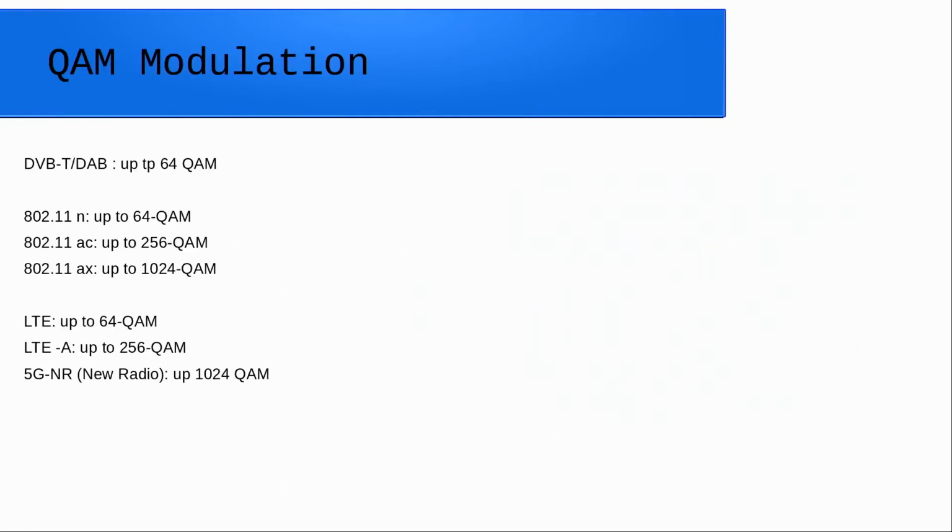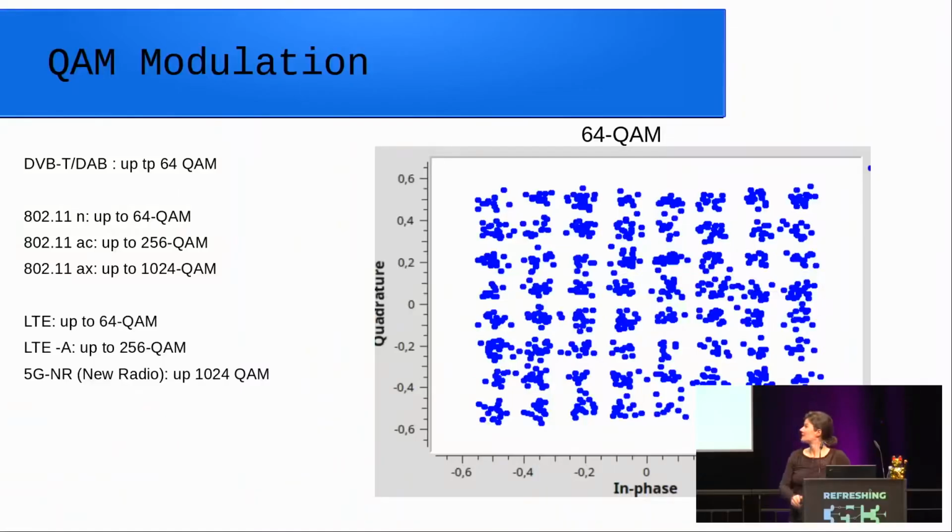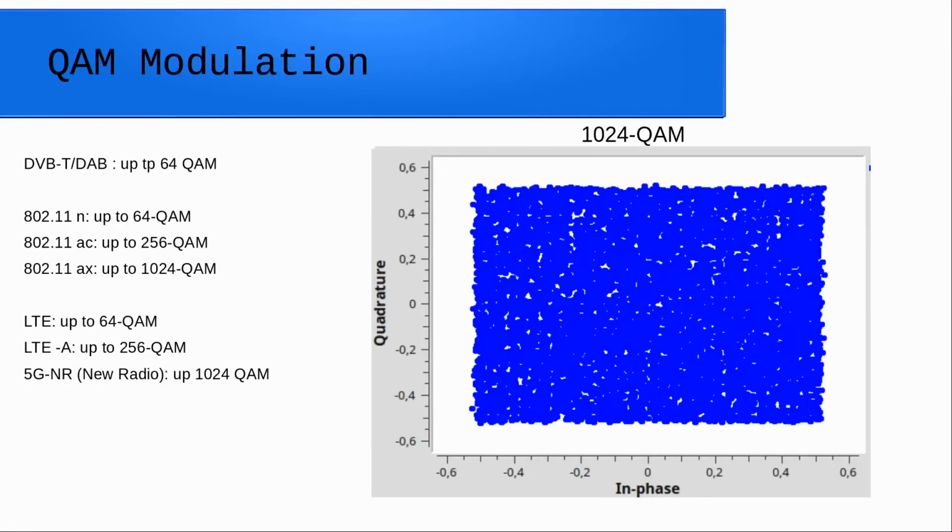It becomes interesting when we add some noise. As I told you, you always have the channel, and you always have noise. This is what happens if we add some noise to the 64 QAM. You could still estimate where the original symbol would be. This becomes even more difficult if we go to the 1024 QAM.